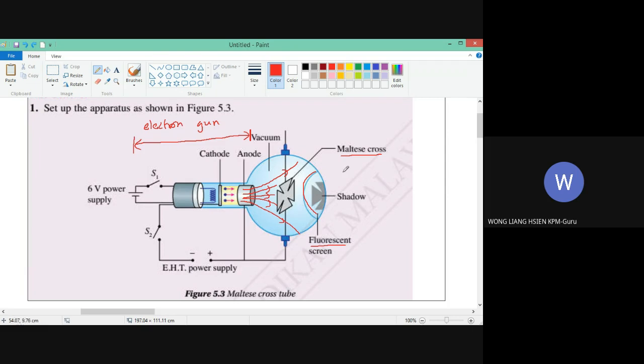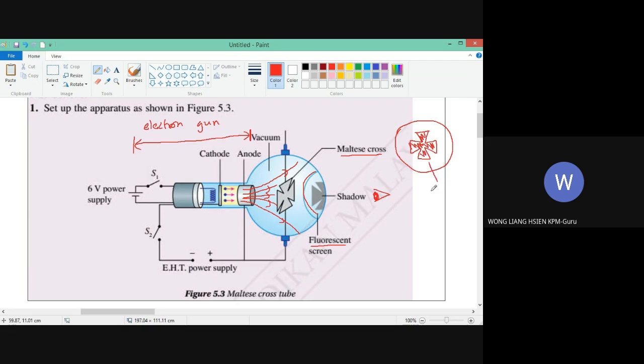If you look from here, what you can see is a round shape with the shape of the Maltese cross at the center. This is the shadow of the Maltese cross.